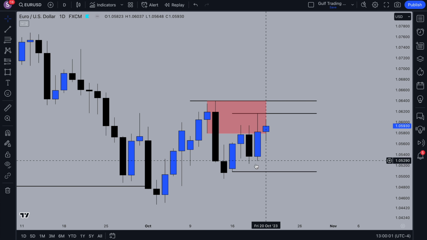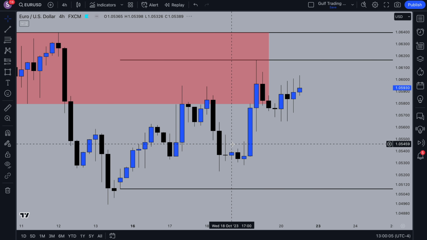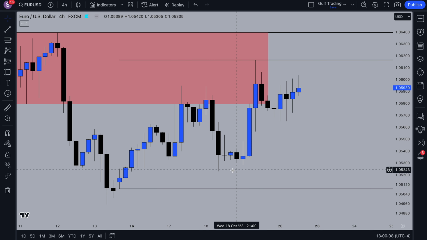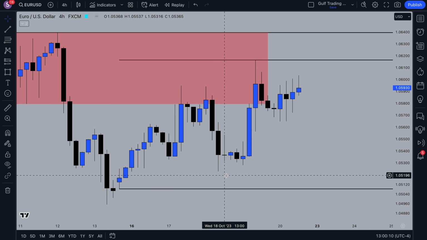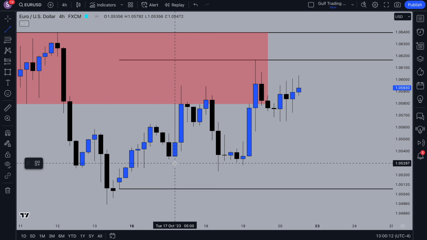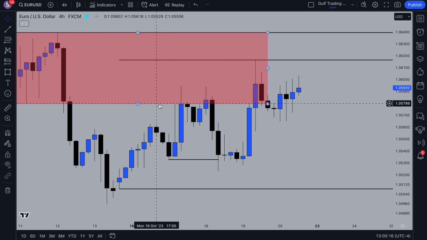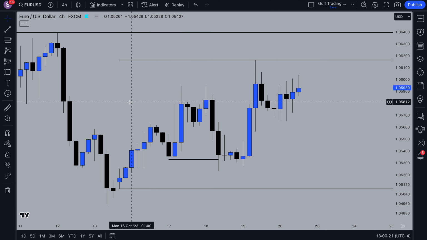Liquidity resting above there, maybe some liquidity resting below here, and I will go down to the 4 hour to have a better look. I said maybe there's liquidity resting here, and while that is true, the thing I see on the 4 hour time frame is that liquidity below this low was swept. So I'll remove that PD array because I don't have a bearish bias, so I'm not interested in that.